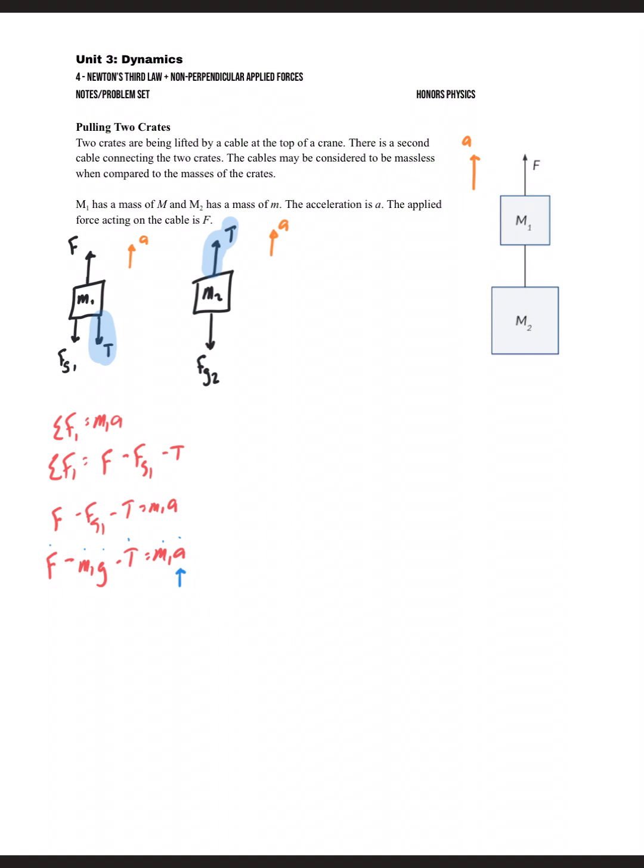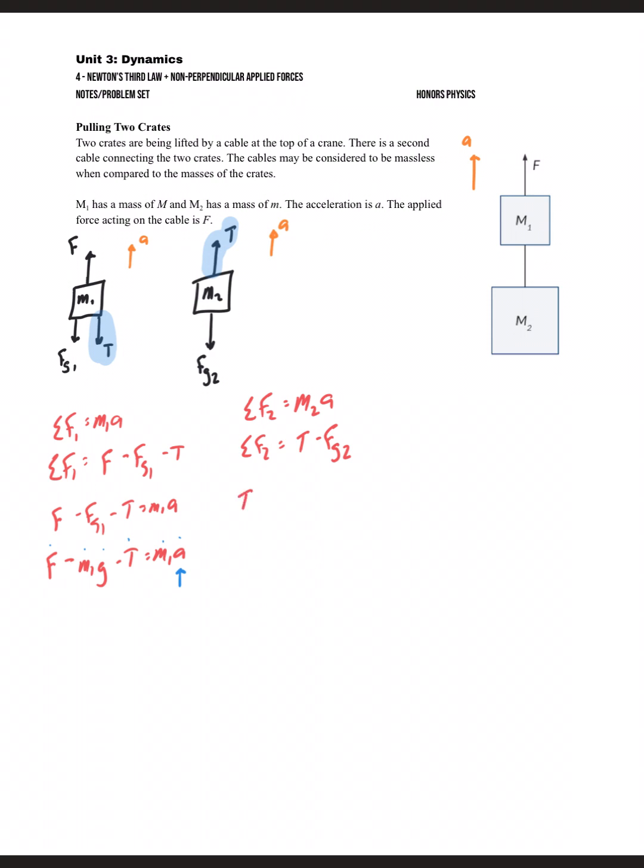We do the same thing to the second block. The net force on the second object is M2 times positive A. If you'll notice, his free body diagram looks identical to our quote unquote elevator questions that we worked on the other day. Net force for 2 is tension minus Fg2.